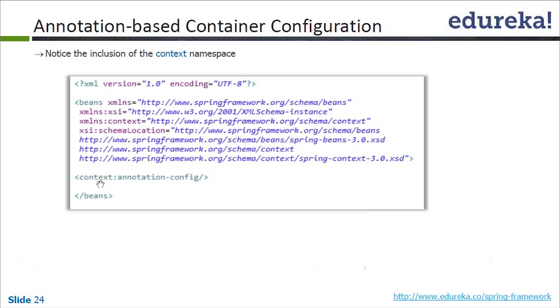That is said by this context:annotation-config. If you forget to add this line, though you write your annotations, they will not work because your IoC engine is not aware of them unless you write this line. So it should be the first line of your configuration file after beans.